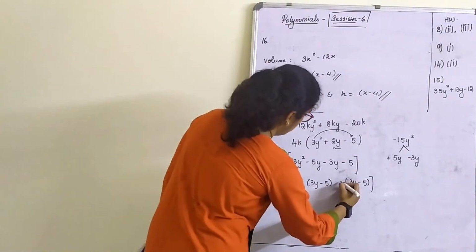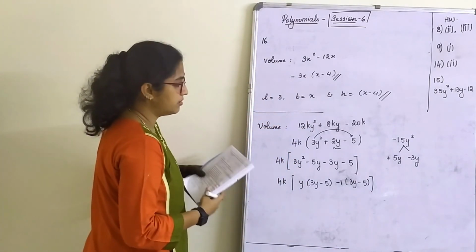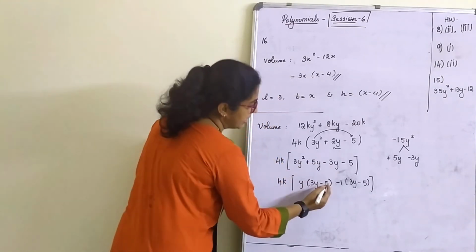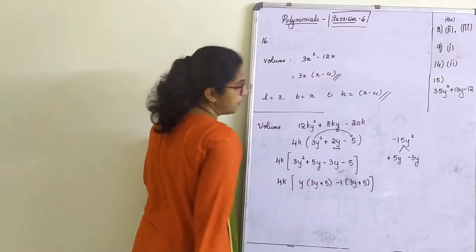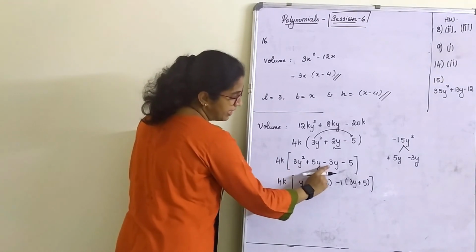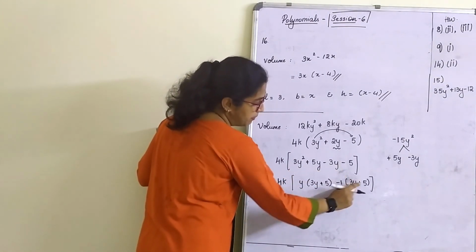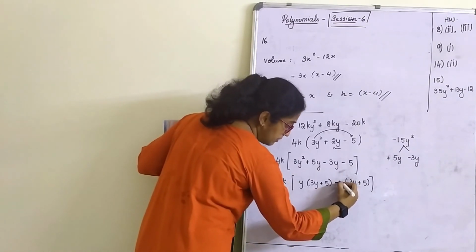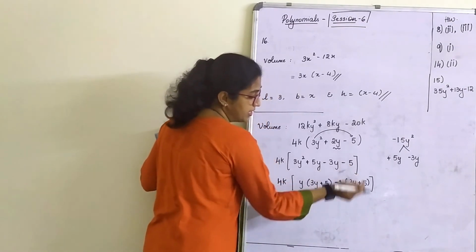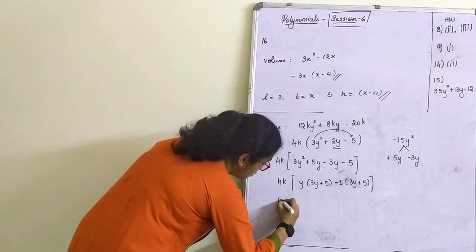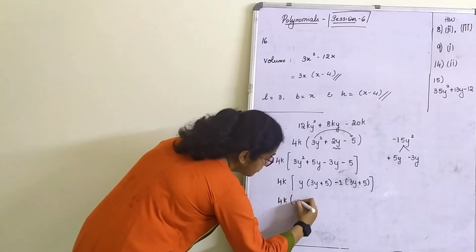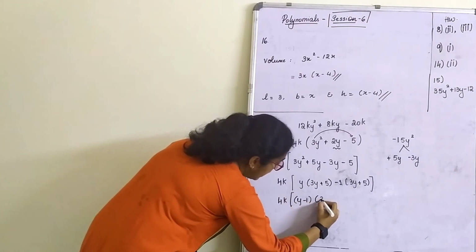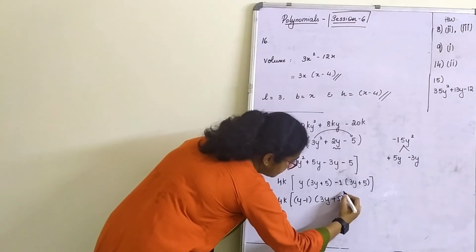Oh, this is plus. Plus 5y and minus 3y. That's what I went wrong here. Values are plus and minus. 3y square plus 5y minus 3y minus 5. 3y plus 5, 3y plus 5. 3y into what should give you minus 3y? Minus 1. Minus 1 into plus 5 is minus 5. We got the values. So it is 4k of y minus 1 and 3y plus 5.